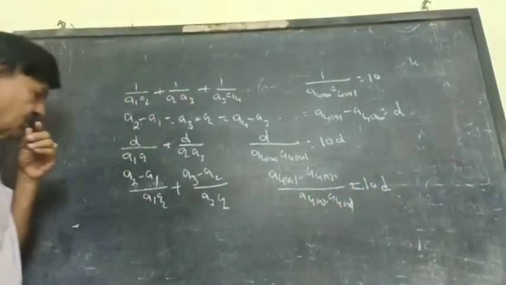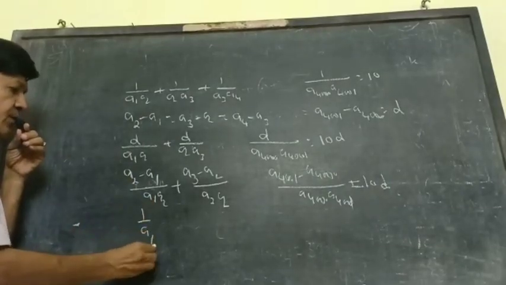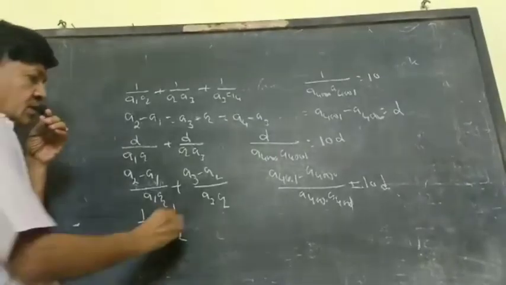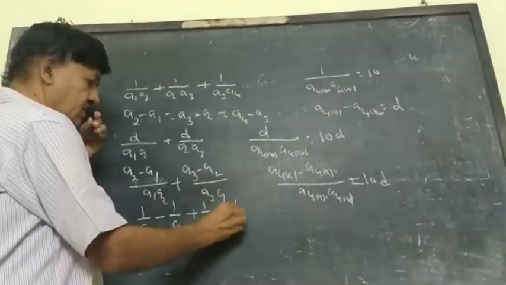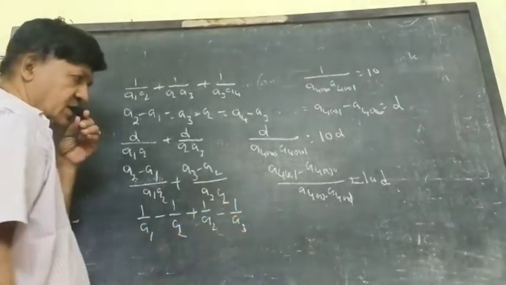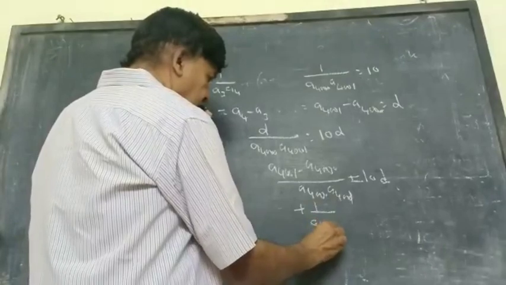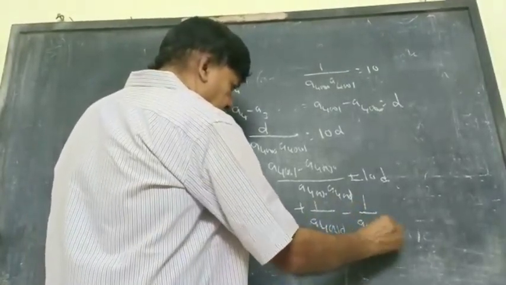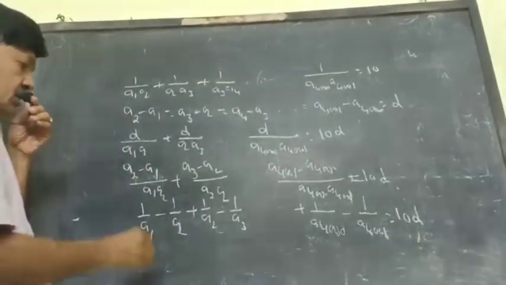This is this by this, so 1 by A1 minus 1 by A2, plus 1 by A2 minus 1 by A3, finally 1 by A4000 minus 1 by A4001 is equal to 10D.